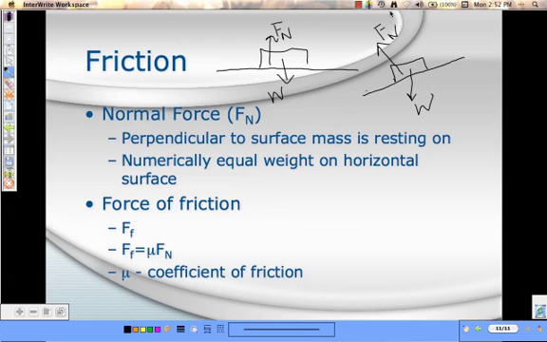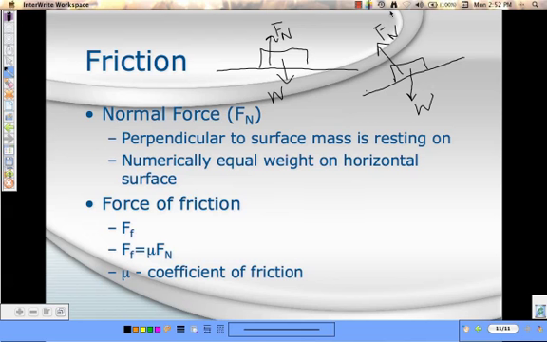But for those two materials that are in contact, that coefficient of friction is constant. So if the same two surfaces are in contact and they're sliding, they're in motion, that coefficient will always be the same for those two materials. Questions on friction?